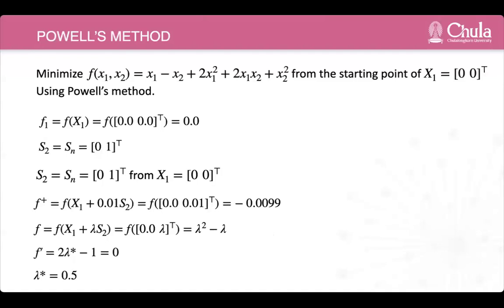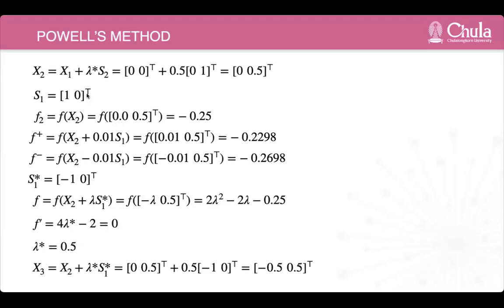For Powell's method, we consider this objective function and the same starting point 0, 0. At this point the objective function is 0. Then we take the univariate method first and find the lambda, and we repeat from the univariate method.